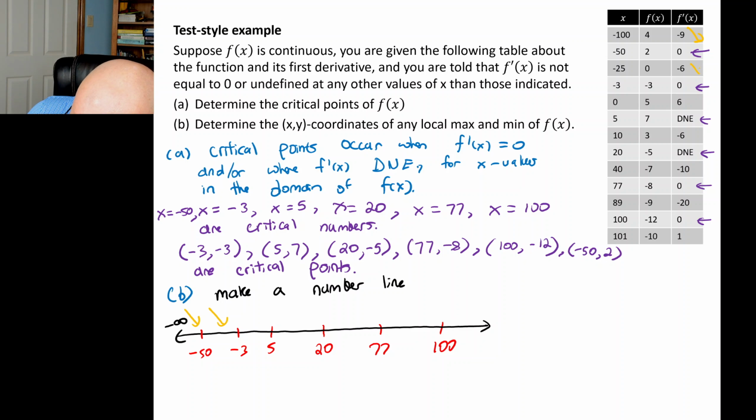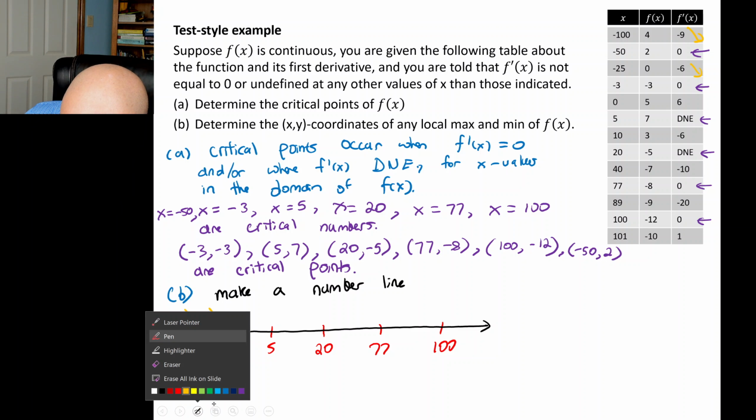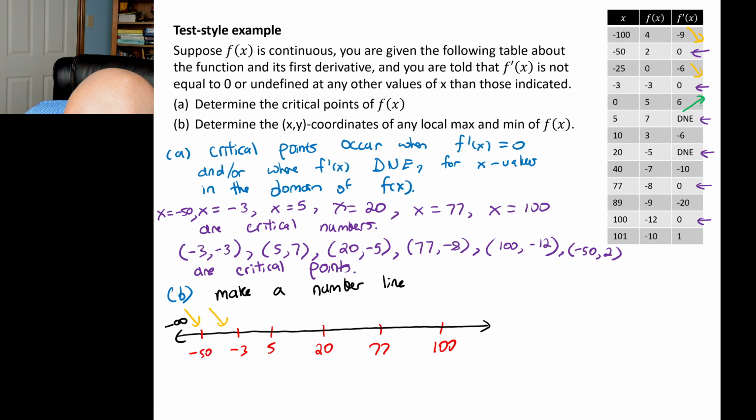This is still decreasing. Then to the right, between -3 and +5, we have increasing. So this is a positive derivative, so increasing.